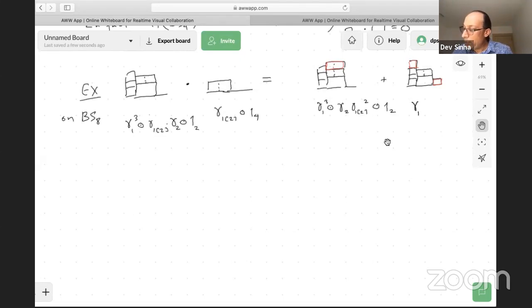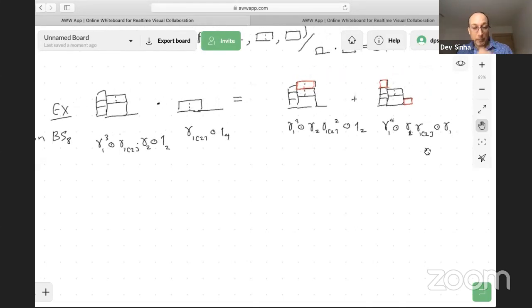And again, it's these perforations. The perforations in these rules have to go all the way down for the diagram to split up there. Let me write in that this is gamma 1 to the 4th, transfer gamma 2, gamma 1 divided power 2, transfer gamma 1. Okay, so there's a bit more complicated example.